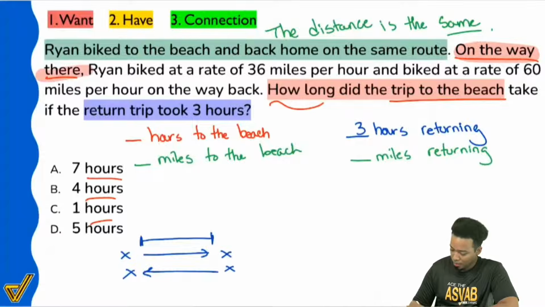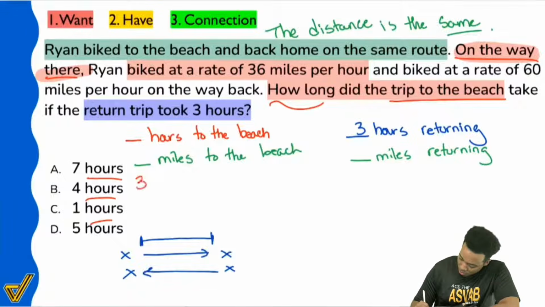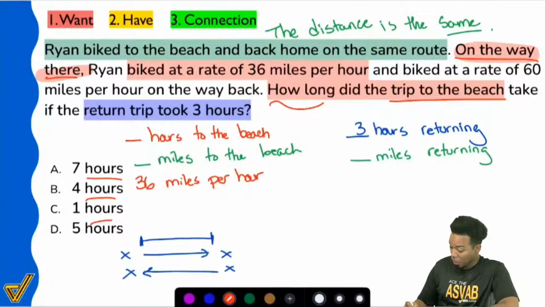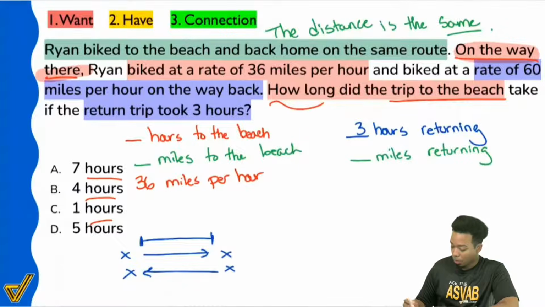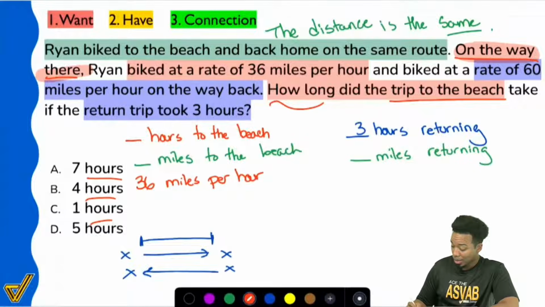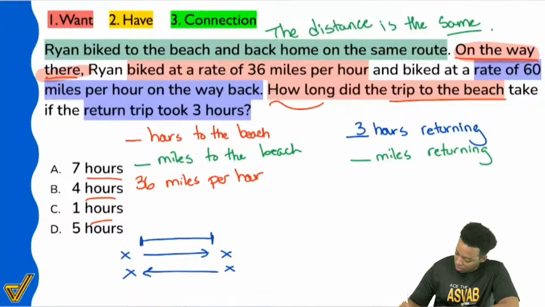On the way there, biked at a rate of 36 miles per hour. So right here, 36 miles per hour. And then we see on the way back, 60 miles per hour on the way back. So I'm going to write that right over here.